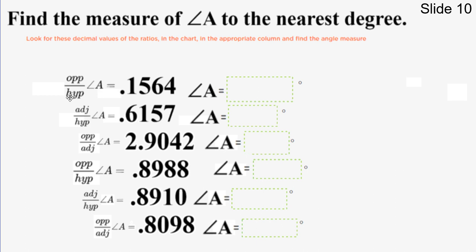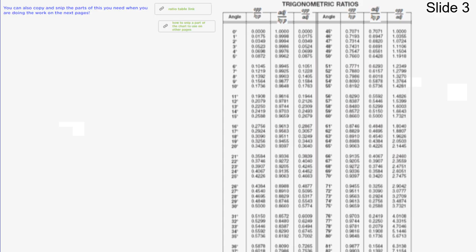For example, we're doing the opposite over hypotenuse, and we're going to go down in the table and look for 0.1564, to see if I can get an exact match or something close to it. Well, I see it's right here. What's the angle it corresponds to? That would be 9 degrees. So I'm going to have 9 degrees for my angle measurement for A.